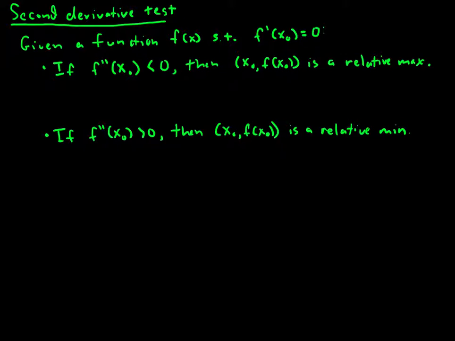Okay, so why is this the case? Well, what we have here right now is the following. I have f prime of x naught is 0. That means at x naught, I have some horizontal tangent. But in this first case, if f double prime, the second derivative, is less than 0, that means it has to be curving downwards, concave down.